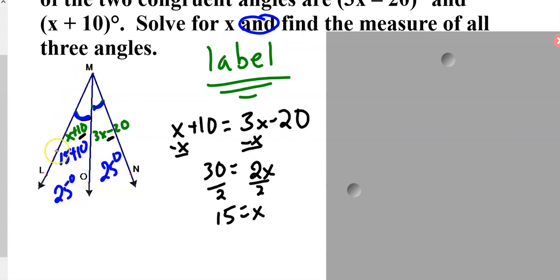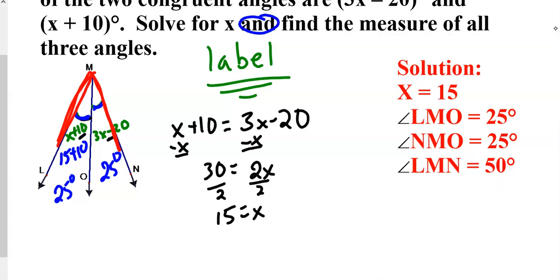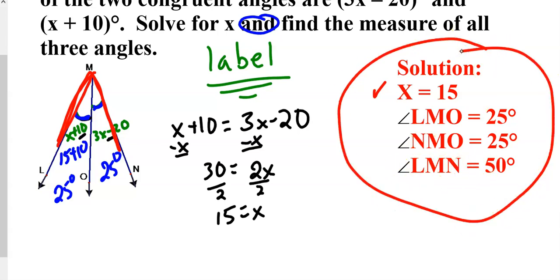Well, they form the larger angle LMN, so I just simply need to add those together and I get that to be 50. Okay, so we get x is 15. Plugging that into both of our expressions, we get the two smaller angles to be 25, and therefore the larger one is 50. Okay? All right, so this concludes our notes on the first day of section 1.5.